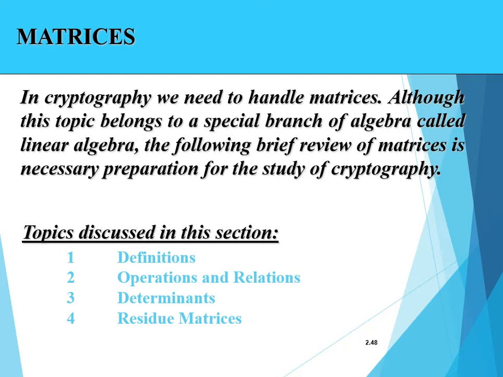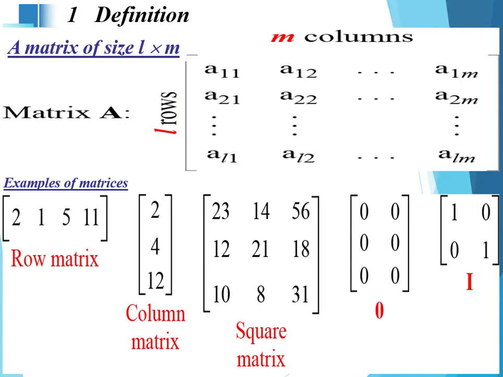Firstly, we will move with the definition of matrices. A matrix is a rectangular array of L times M elements in which L is the rows and M is the columns.